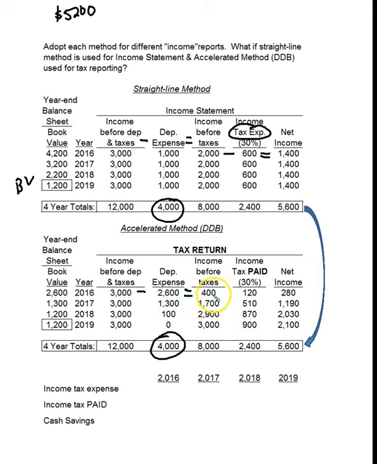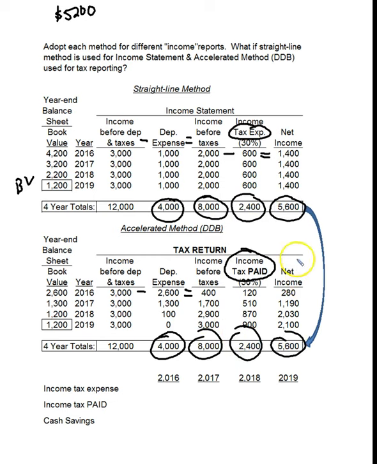This time I only pay tax on $400. This is for my tax return that I fill out for the IRS. So instead of income tax expense, this is the actual cash I pay. Notice in the long run, the totals are always going to be the same. But in the short run, we will have a difference. So let's go in and look at that.